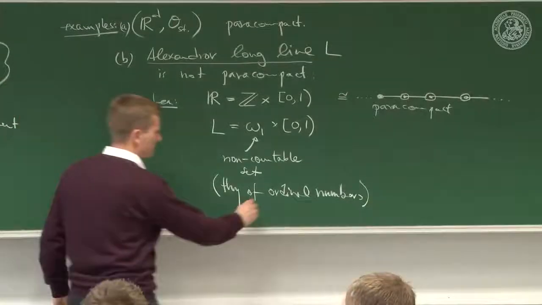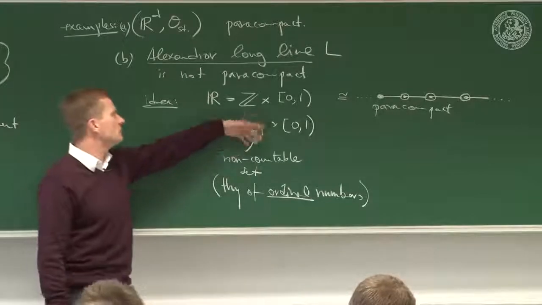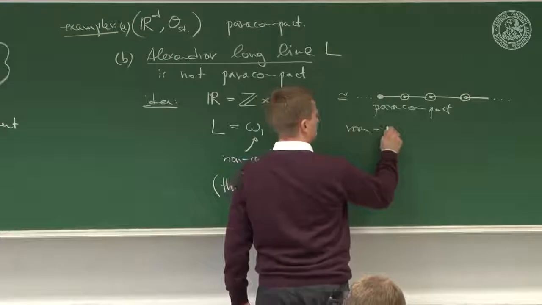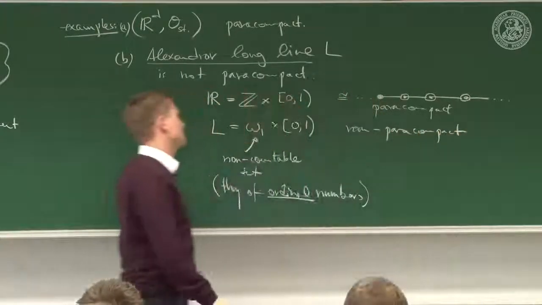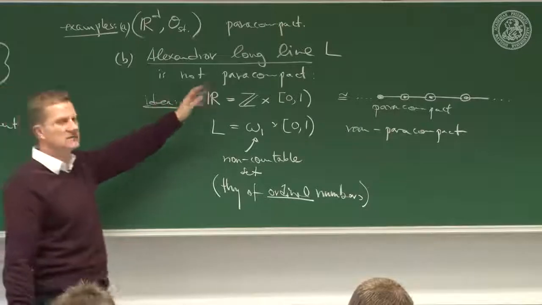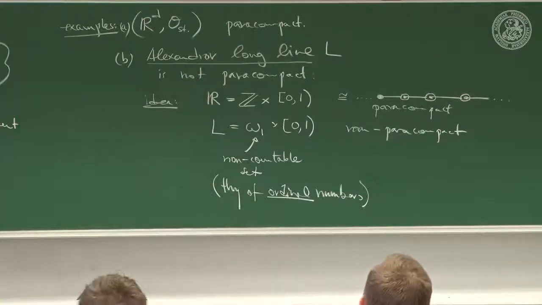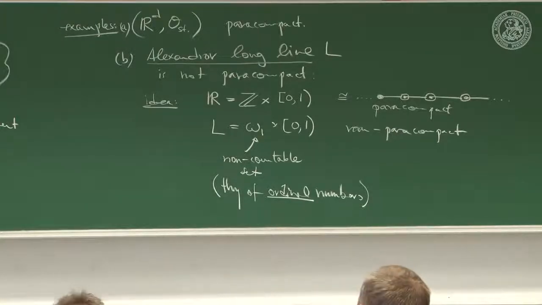Don't ask; if you want to read up on this, read up on this. The idea is take this non-countably often, and then you get a non-paracompact topological space. And of course, you induce the topology and so on. This is rather artificial, and the other examples that at least I know of are also rather artificial. So that's the intuition. Paracompactness is actually something rather natural.